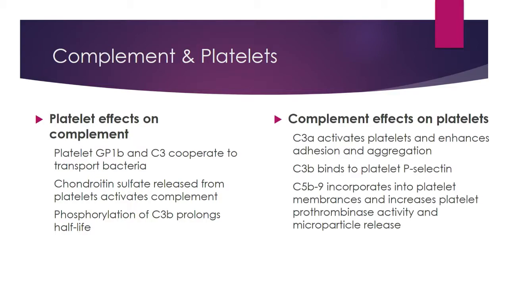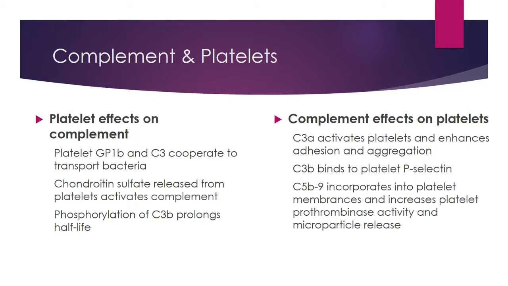And complement has a lot more prominent effects on platelets than platelets do on complement. So what complement does is it activates, C3a activates platelets and promotes adhesion and aggregation. C3b can bind P-selectin.